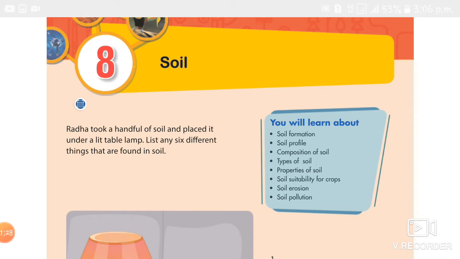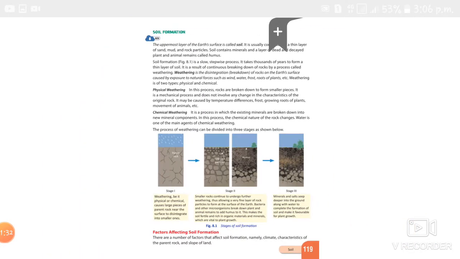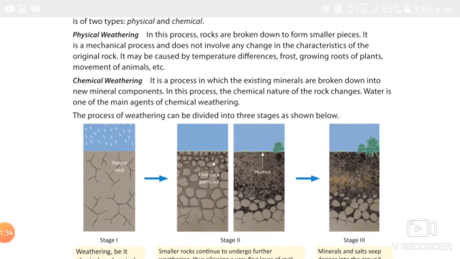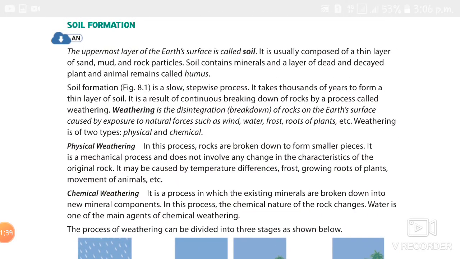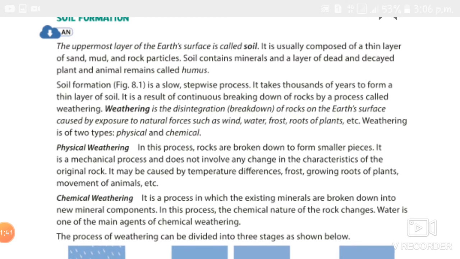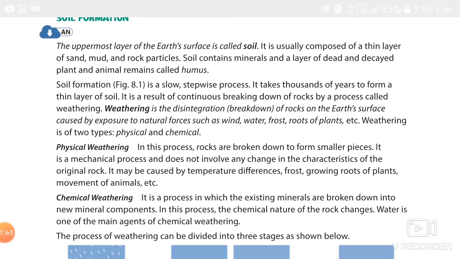Now, in the last class we studied what is soil. What is soil? The uppermost layer of the earth's surface is called soil, right? And it is usually composed of a thin layer of sand, mud and rock particles. The soil contains minerals, and a layer of dead and decayed plant and animal remains called humus.